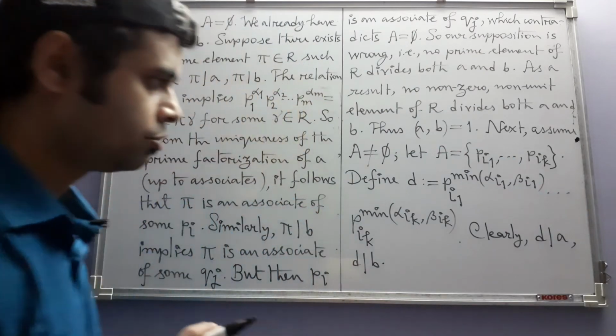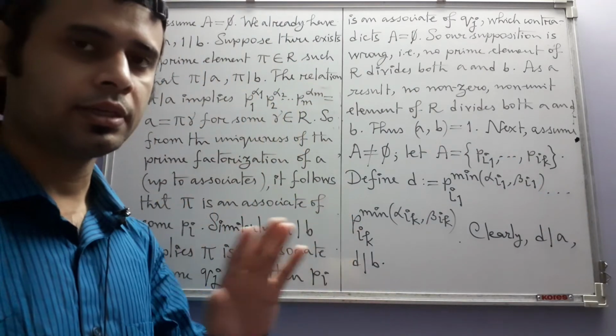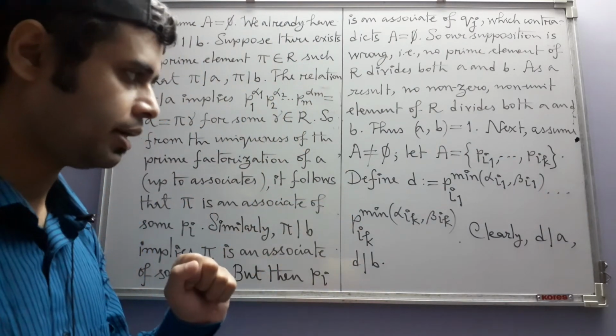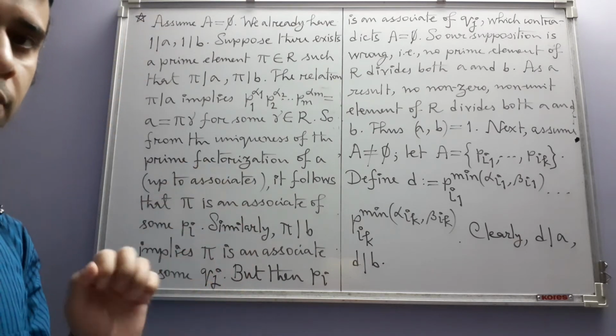Okay, now to show that D is a greatest common divisor of A and B, we just need to show one thing.